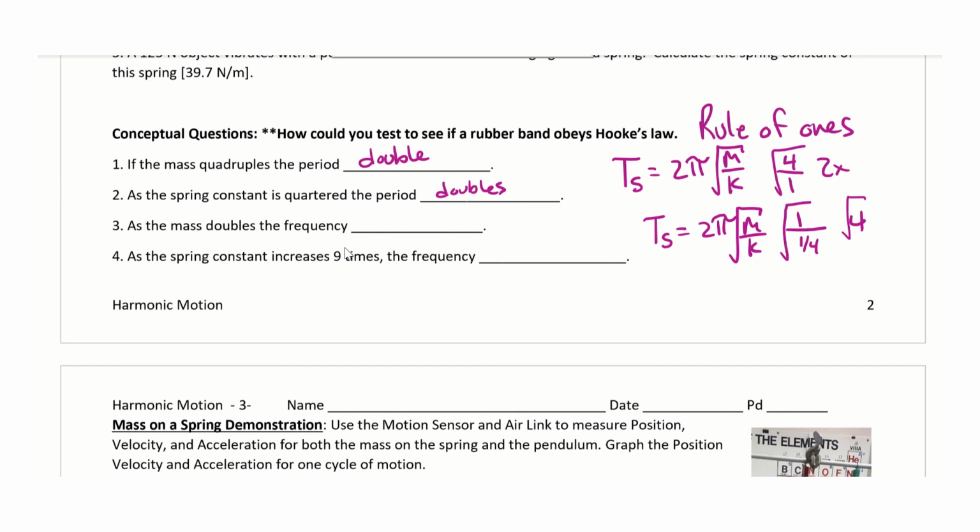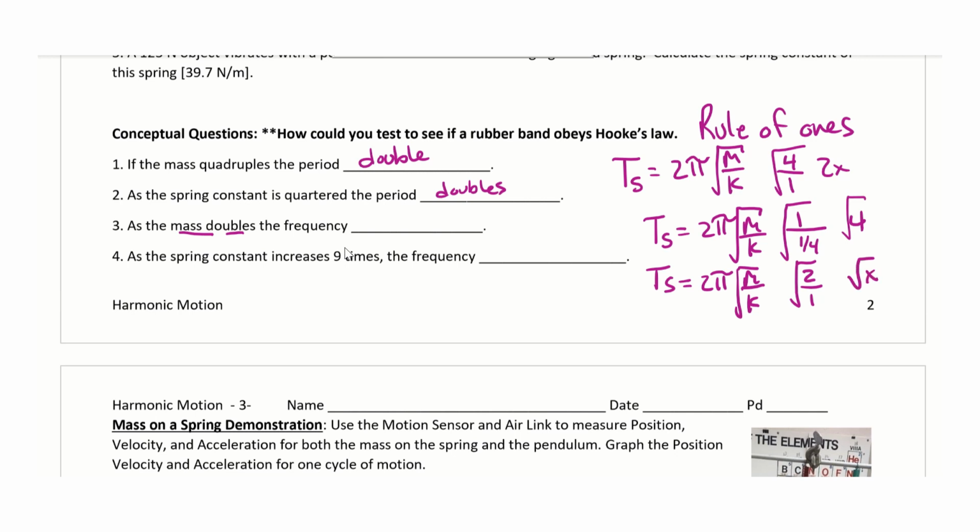All right. The next one, mass doubles. What's going to happen to frequency? So what I would recommend we do is we figure out what happens to period, and then just take the reciprocal to figure out what happens to frequency. So again, for number 3, we'll plug it into this equation. And when I do that, it says mass doubles. Nothing about spring constant. So what's going to happen to period?